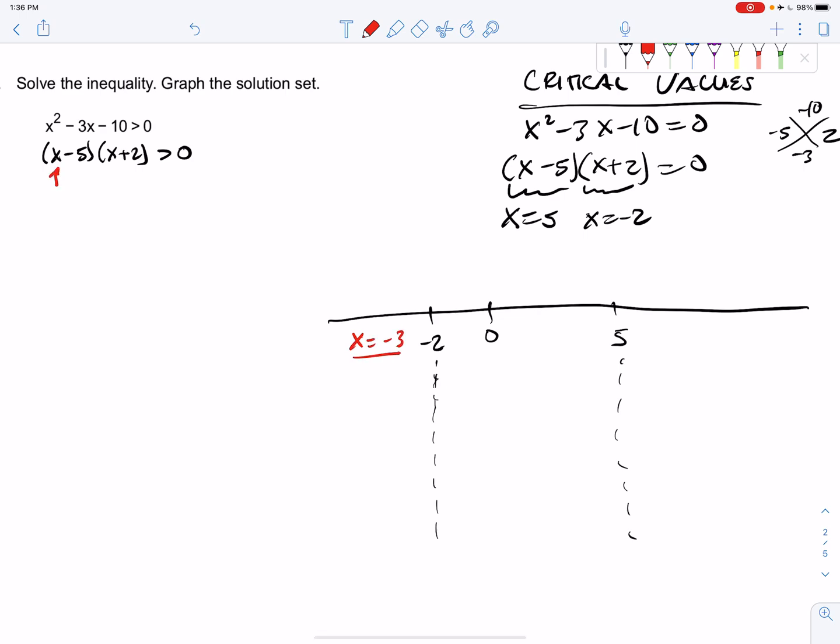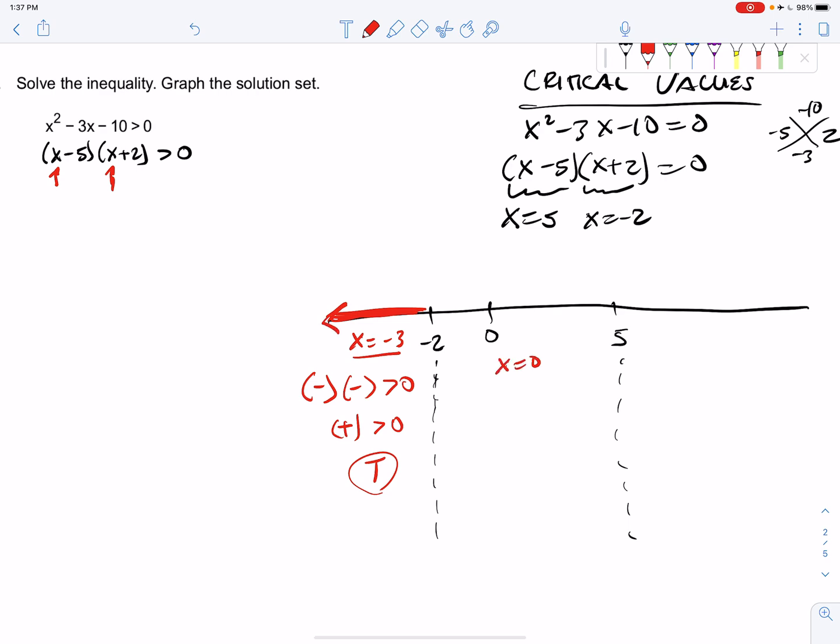We replace the x with negative 3, and on the first factor we get a negative. Replacing the x with negative 3 right there, we get a negative. And we know a negative times a negative is positive. So this is true, so we must shade. Numbers in this region are part of our solution.